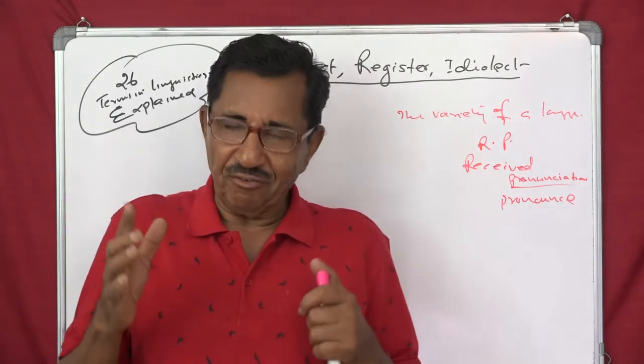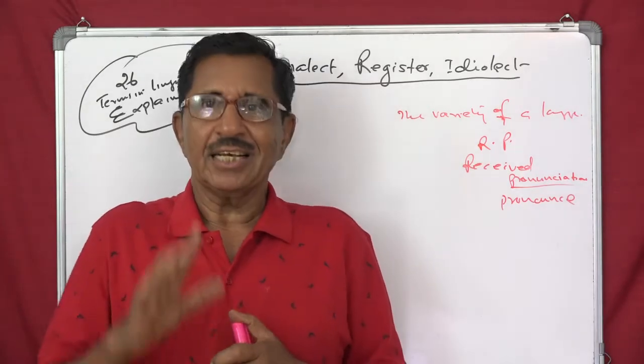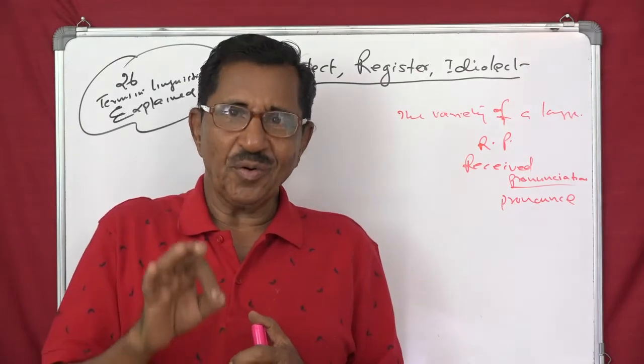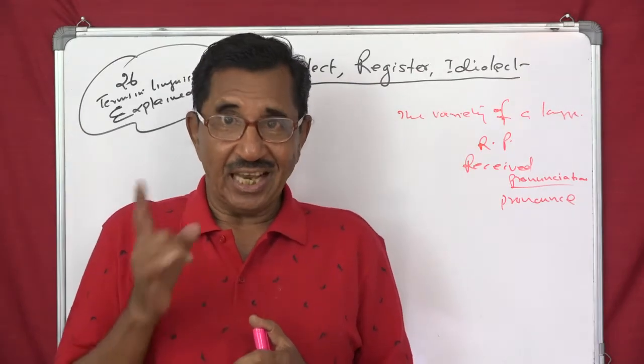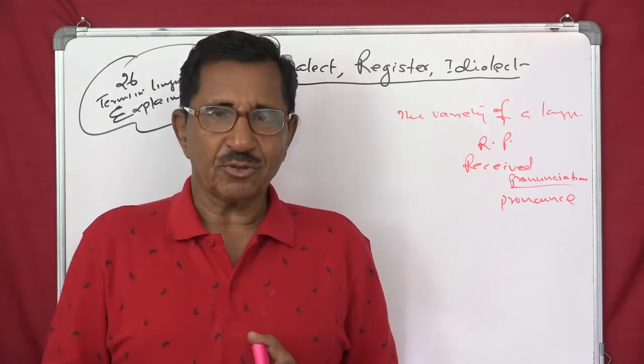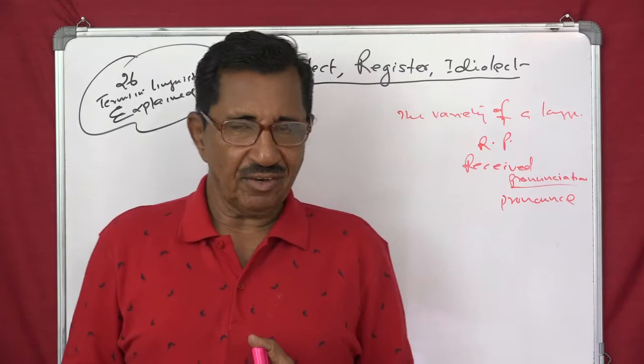Definitely, no doubt, the mother tongue will influence the use of the second language. L1 on L2. L1 means language 1, that is mother tongue. L2 means language 2, the second language.